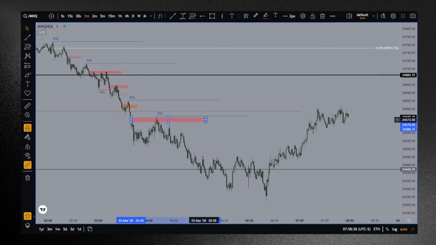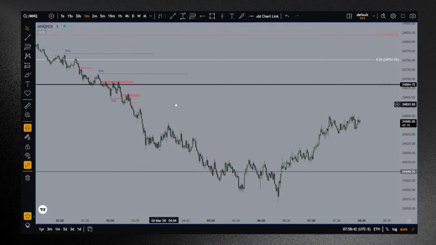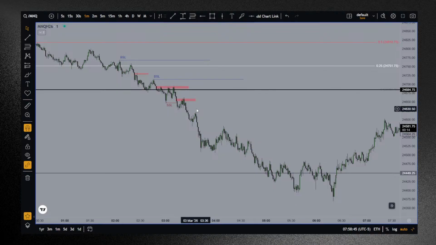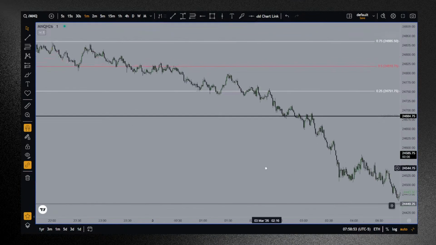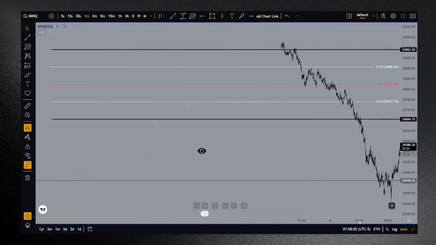So let me remove all of this because I want to have a clean perspective here, and I'll go through the process.